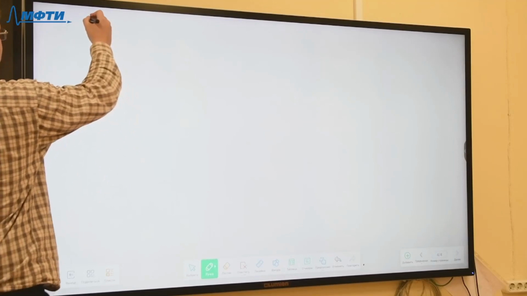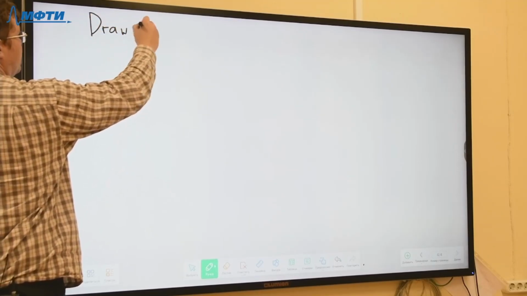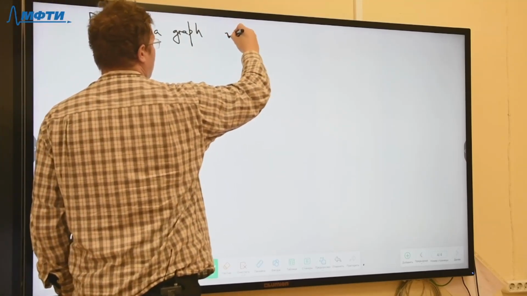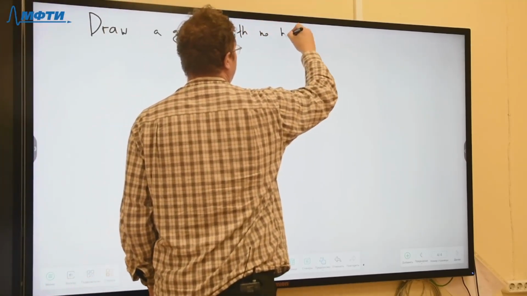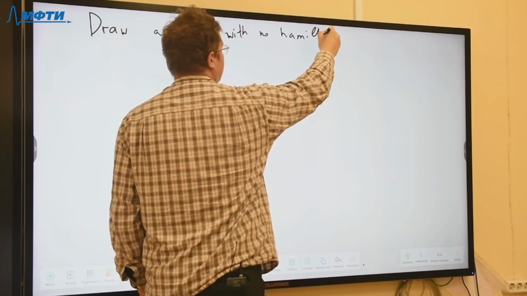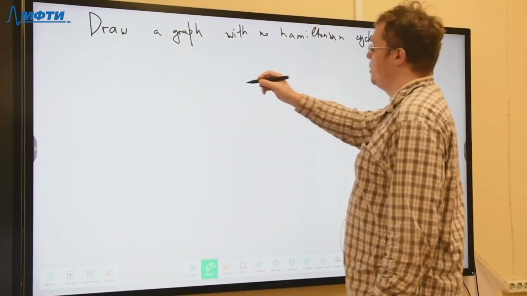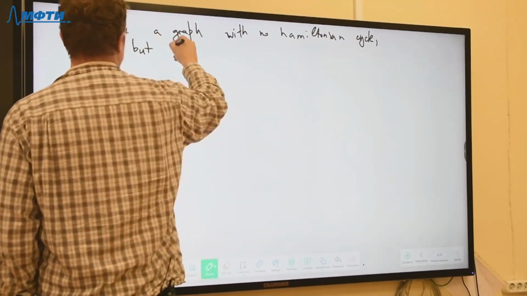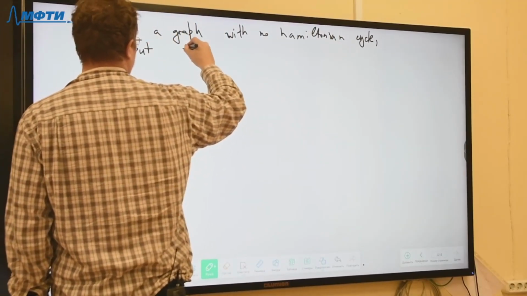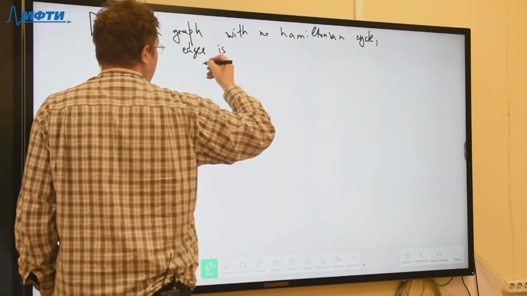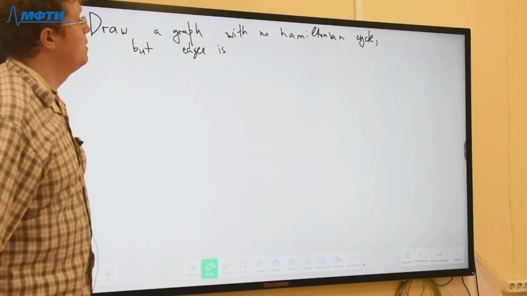So can we just draw a graph with no Hamiltonian cycle, but the number of edges is big enough.